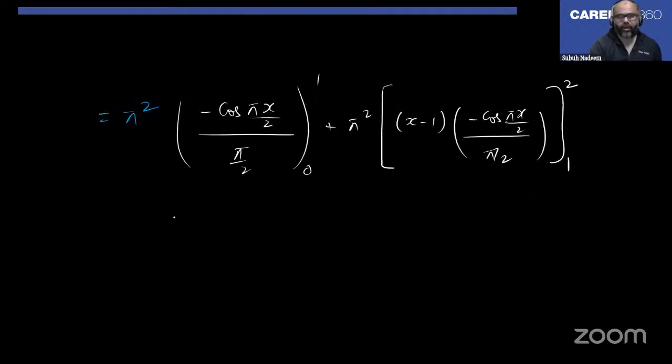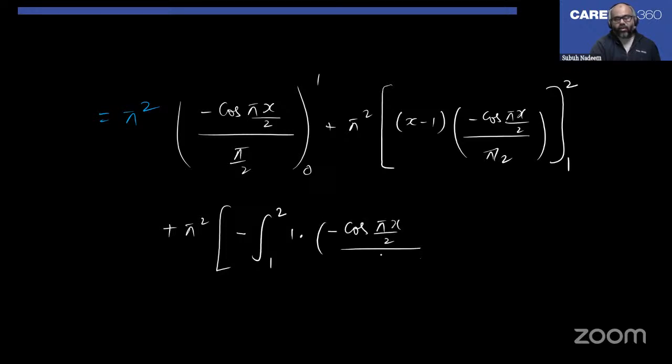And in the second term, what will happen? Plus π², minus the integral from 1 to 2. The derivative of x minus 1 will be 1, and the integral is minus cos(πx/2) by π/2. So this is equal to π².